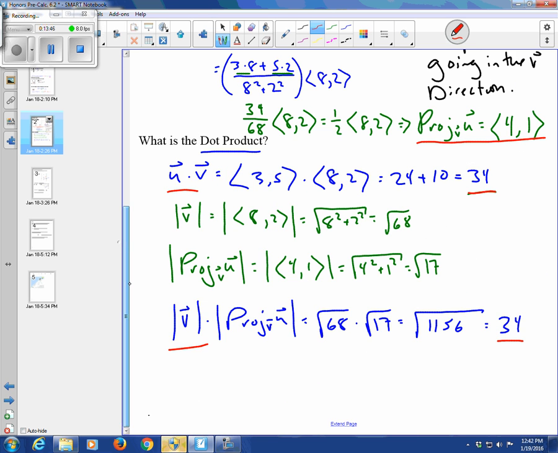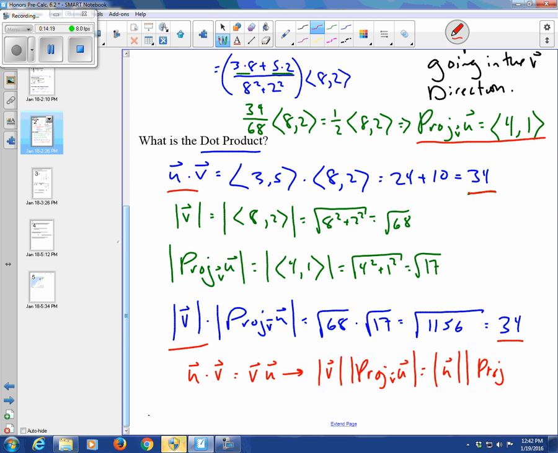And since we know that the dot product of u and v is equal to the dot product of v and u, we can infer that the magnitude of v times the magnitude of the projection of u onto v is equal to the magnitude of u times the magnitude of the projection of v onto u.